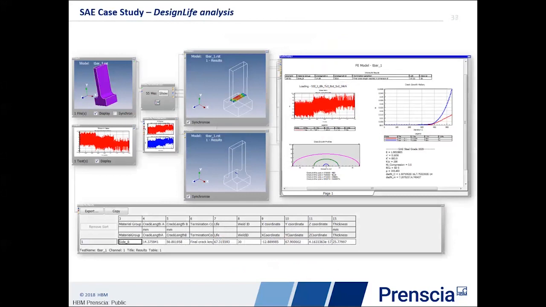And taking that geometry, the loadings that they used, and the FE models that were used to calculate the initial stress profiles that we've used inside of DesignLife, we're able to use the material definitions they've already created in terms of crack growth and strain life, and do the whole life weld calculation.